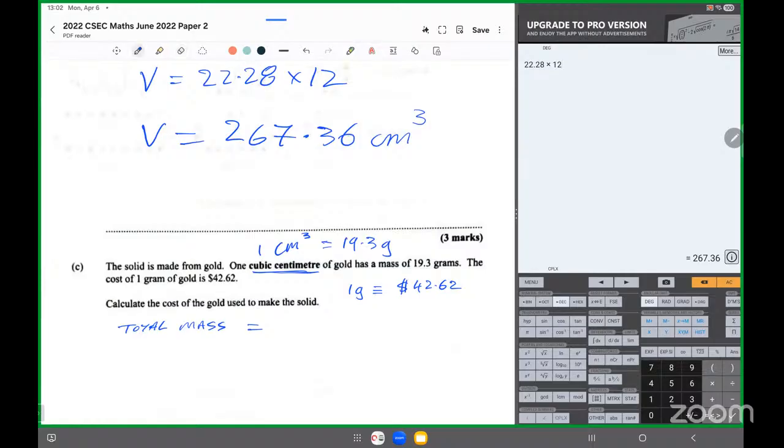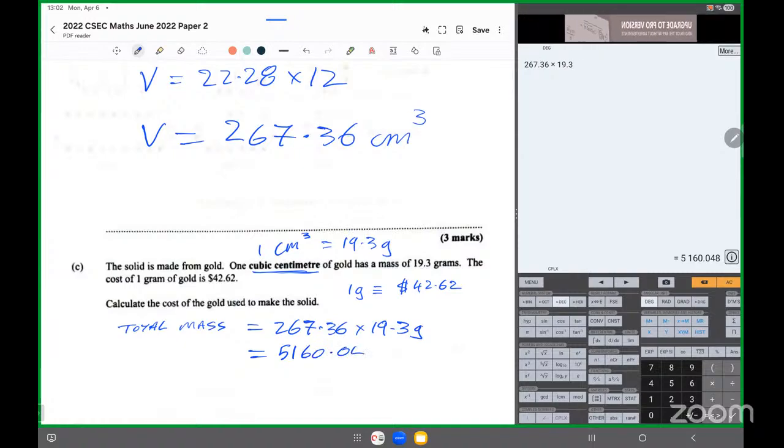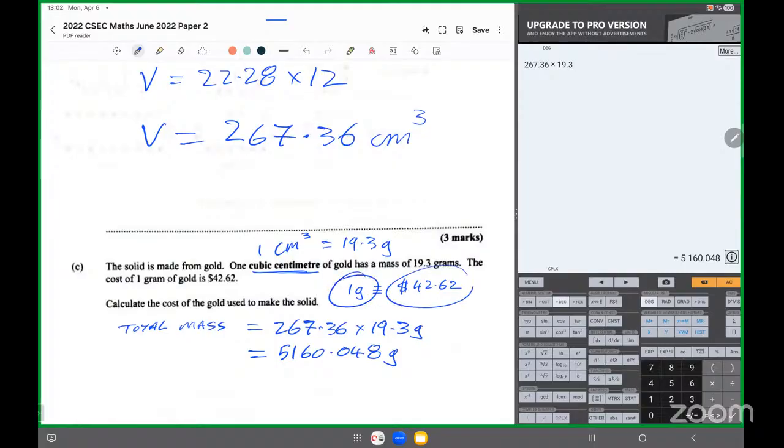So the total mass becomes 267.36 times 19.3 grams. Multiplying those two figures, this is the amount of grams we have: 5160.048 grams.